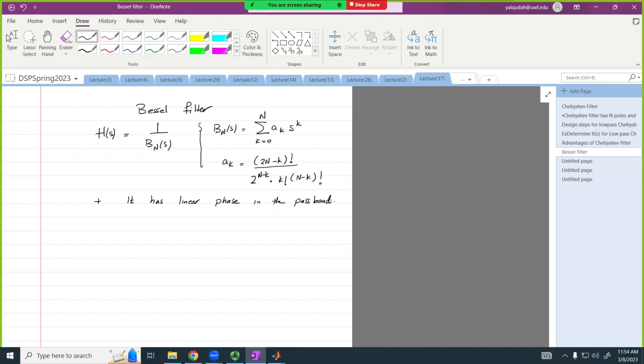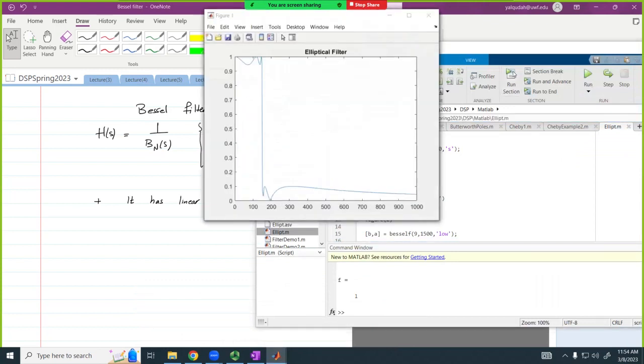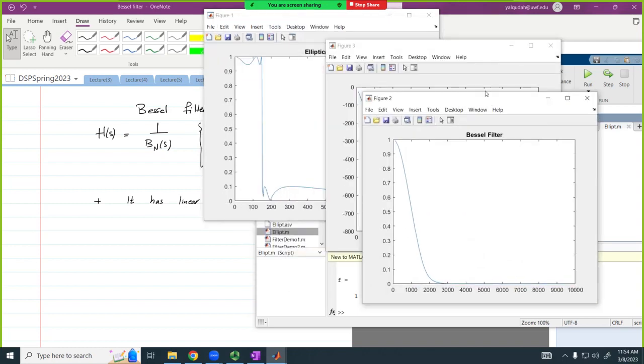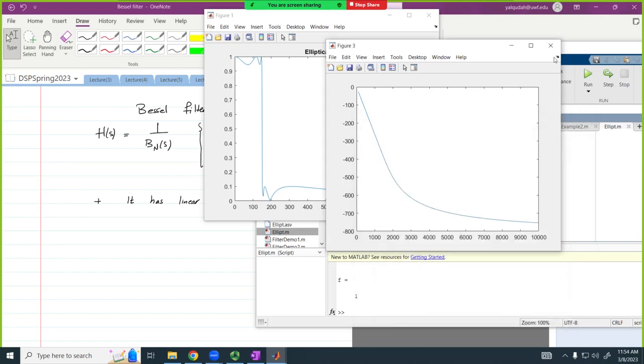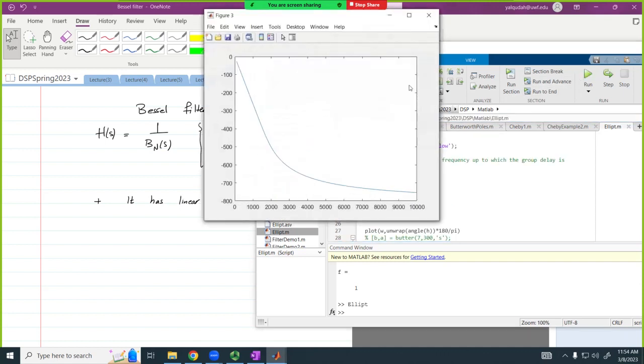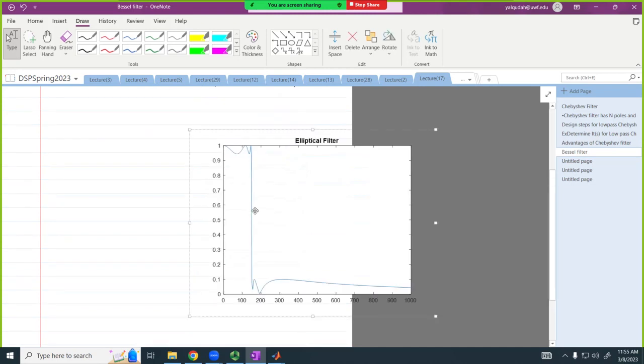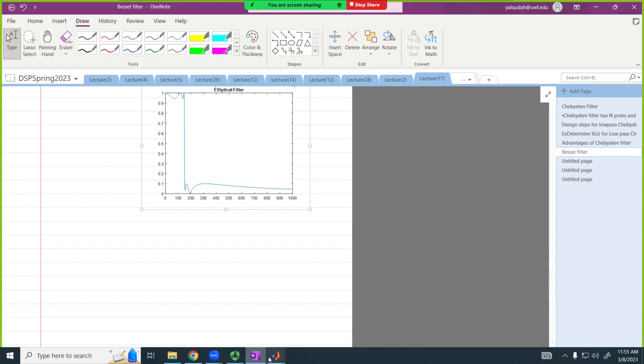What does linear phase mean? Okay, so here is, I'm going to just put these here, an elliptical filter and a Bessel filter.